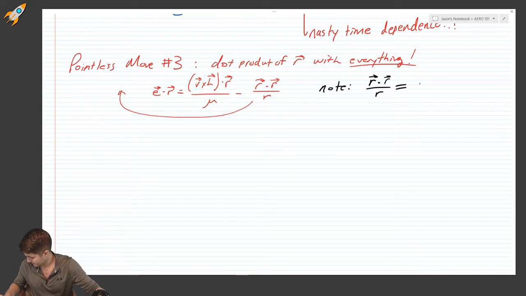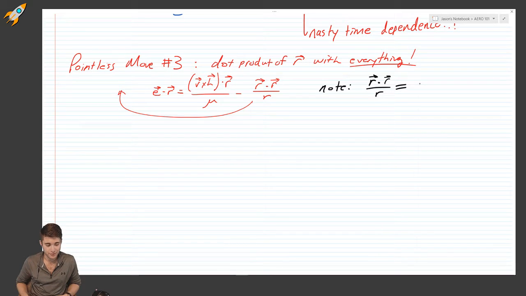And I know you guys know it. No primes, Kelly. There's no primes. This is just R. There's no R dot or R prime here. It's just position vector dotted with R.